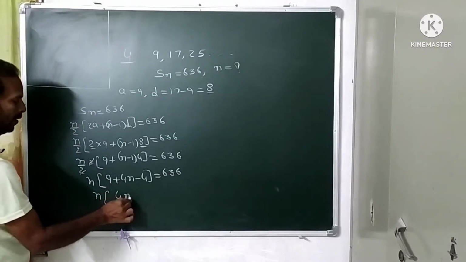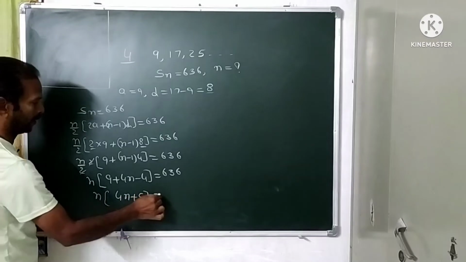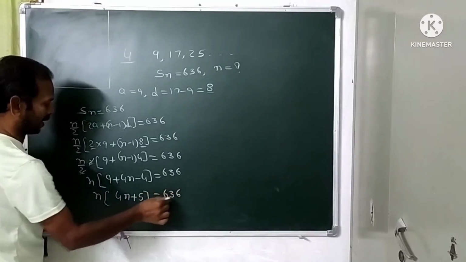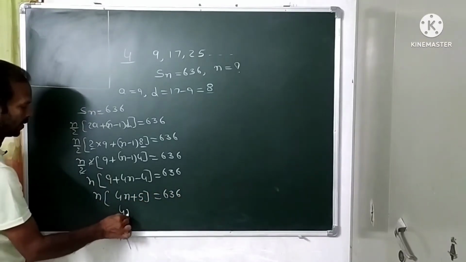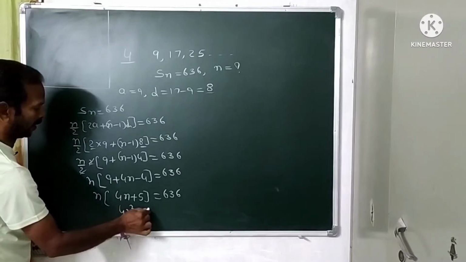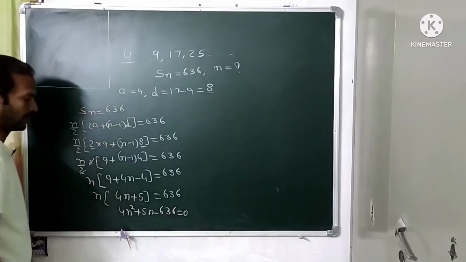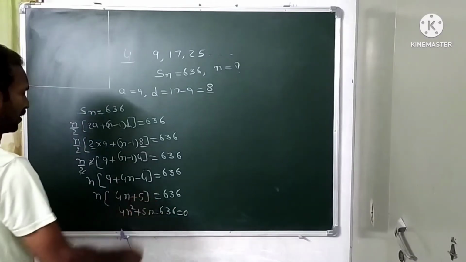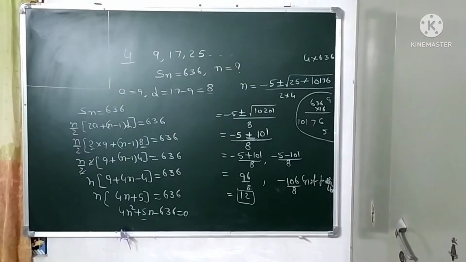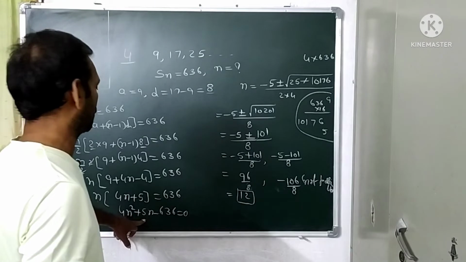4n plus 5 equals 636. So 4n square plus 5n minus 636 equals 0. For this equation, factorization I have to do.